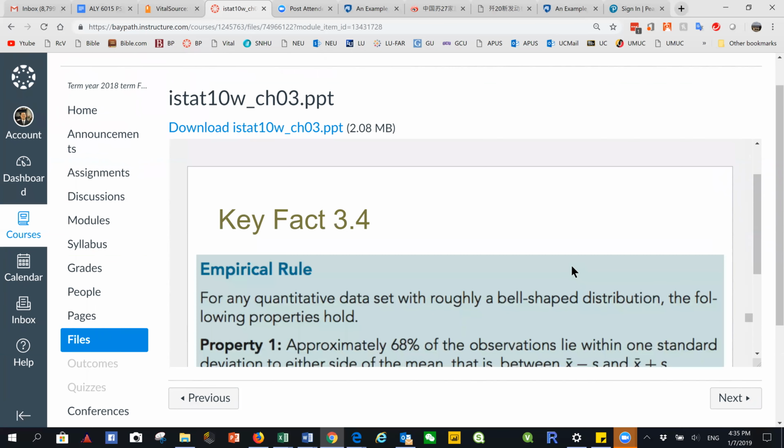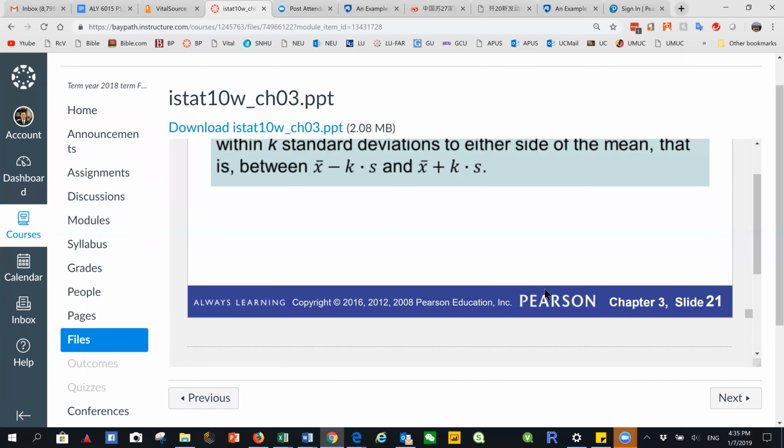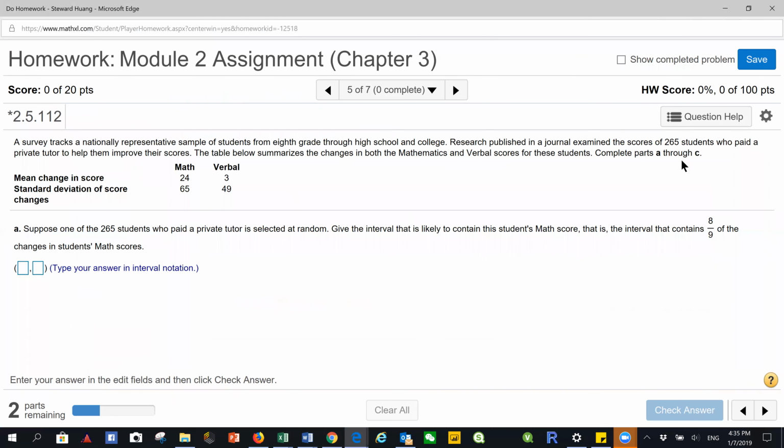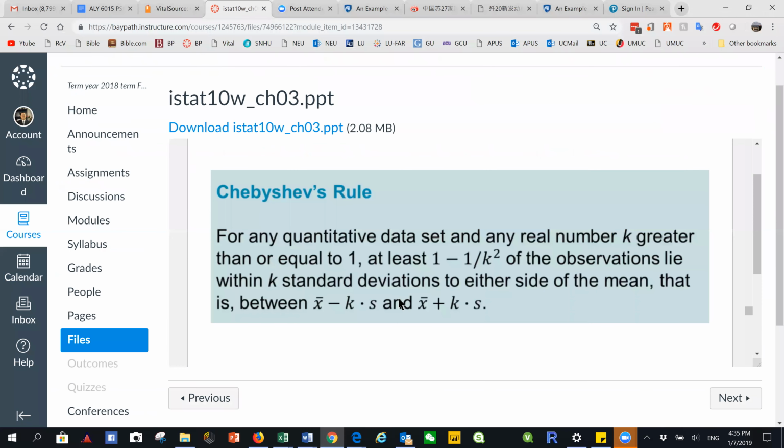So for example, in this case we want the 8/9. 8/9 is 1 minus 1 over 9, that means that's equal to 1 minus 1 over 3 squared. So you compare that with this formula, 1 minus 1 over k squared, that means k is 3.